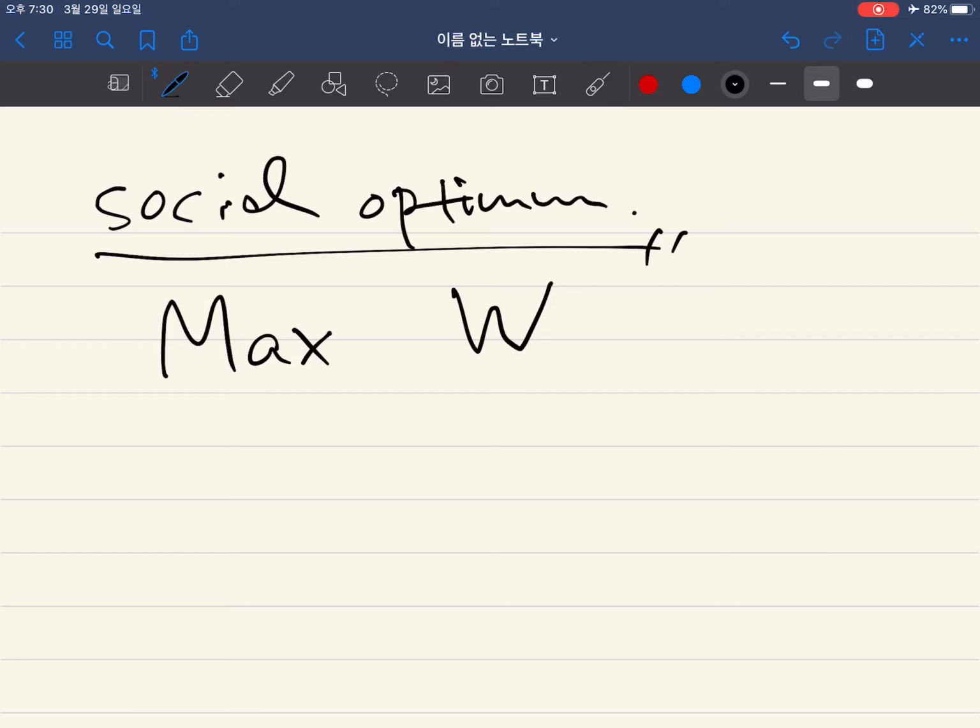And to maximize social welfare, now in this framework, we have to choose two things. First, the level of care as before, and the level of activity. How much the injurer must be careful, and how often the injurer can engage in activity.